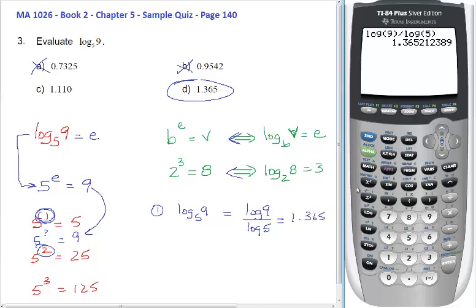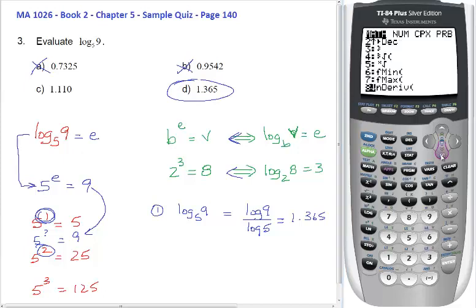Now, if you have the updated calculator and the new software, you can do it using a base other than 10 button on your calculator. Where is that found? Go to Math and scroll down till you find log base. Oops, I went too far. Log base, there it is.